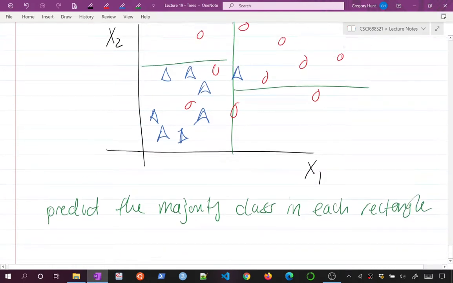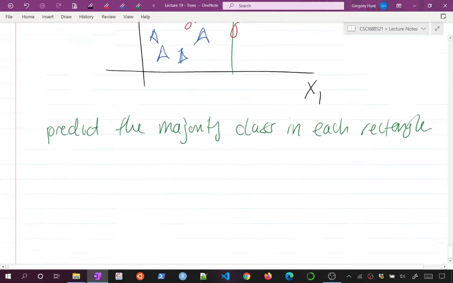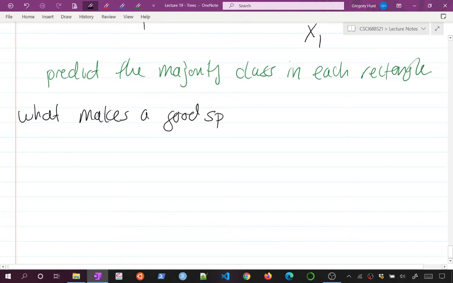Whereas regression took the average, not surprisingly, just like KNN took the average, the classification version just predicts the majority class in the rectangles instead of neighborhoods. Now the question is, how do we evaluate what makes a good split for a classification tree?